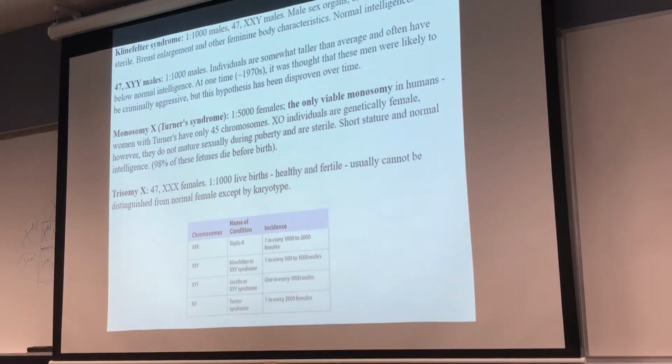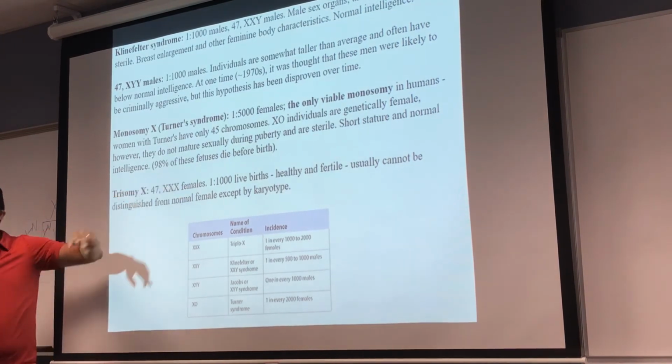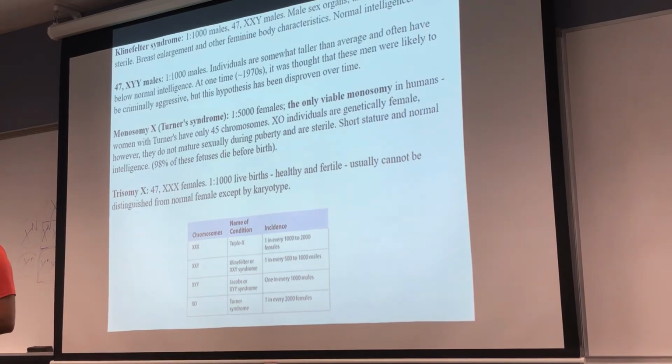Then the monosomy X, Turner syndrome, the one I mentioned, is the only viable monosomy in humans. It can lead to a viable embryo, but 30% of the fetuses will die before birth. It can lead to a viable fetus even though it is missing an X chromosome, because females have two X chromosomes, so they can deal with the missing one.